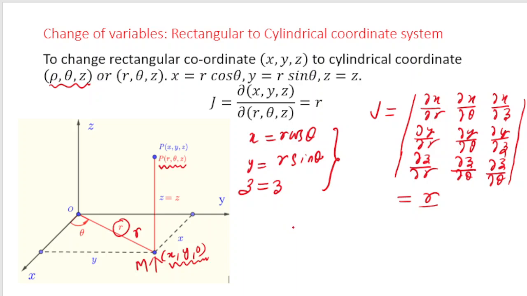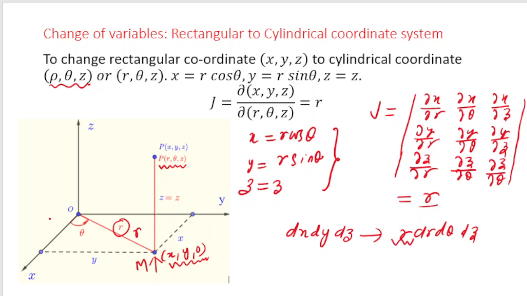So whenever we have a cylindrical coordinate system, and the original problem is in rectangular and we want to change it into cylindrical, then dx, dy and dz will be replaced by r dr d theta dz, where r is the Jacobian of transformation.